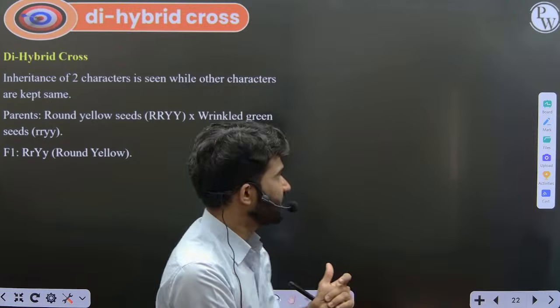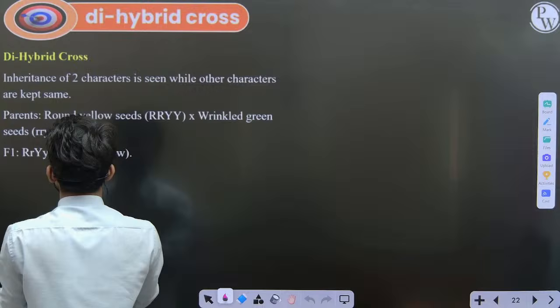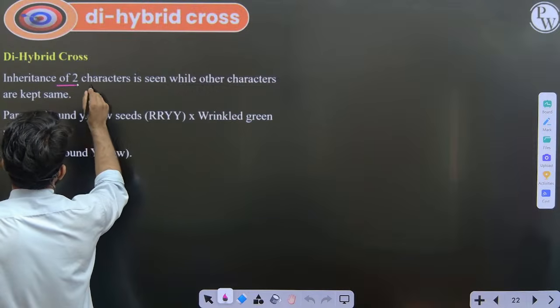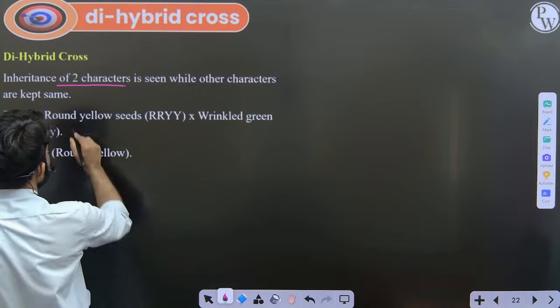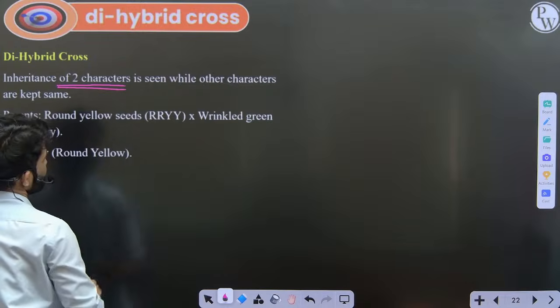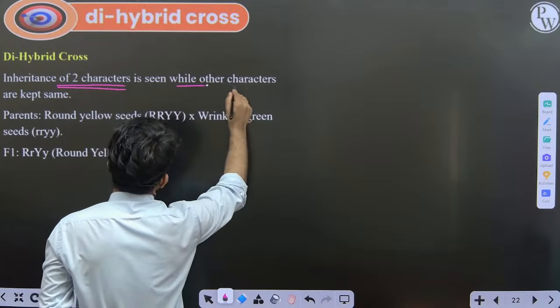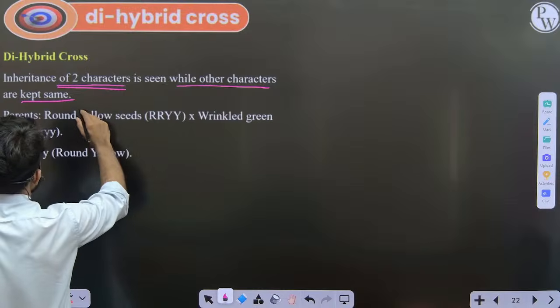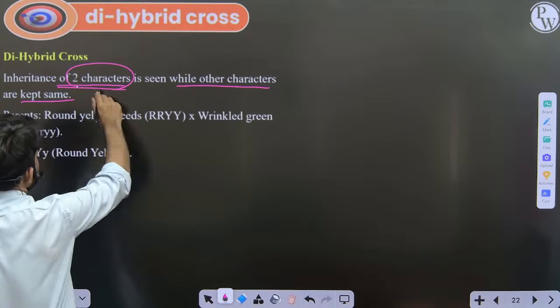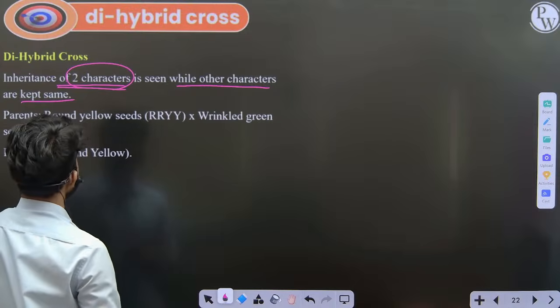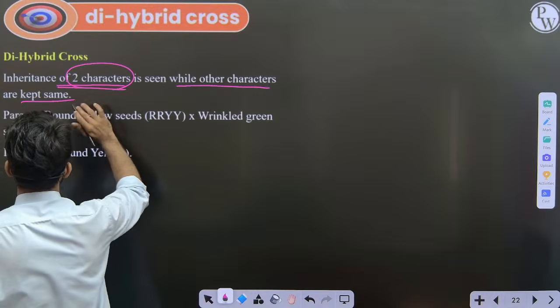This time we are experimenting on the inheritance of two characters, where all the other characters are kept the same. The two characters are taken with different possibilities, and all the remaining were kept the same.